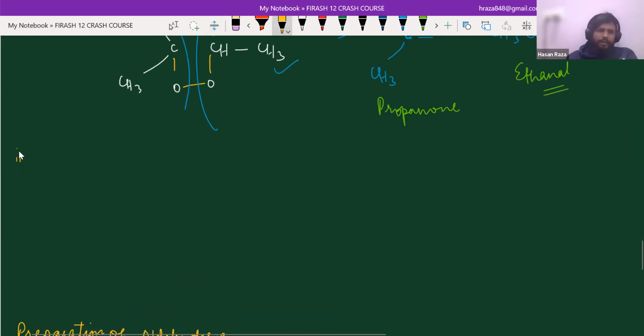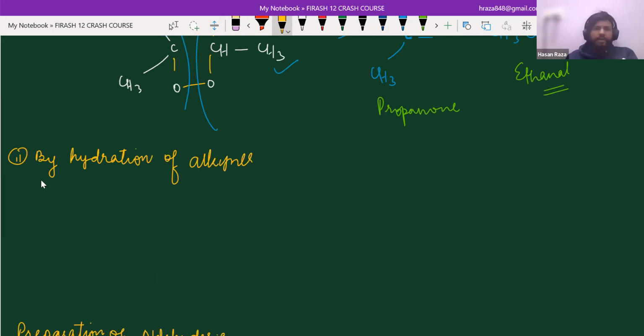As you can see, the second part of this is by hydration of alkynes. Whenever you are going to do hydration of alkynes in the presence of H2SO4 and HgSO4, we are going to do it for alkynes. That means CH triple bond CH.